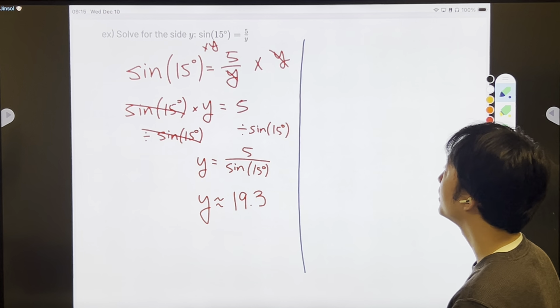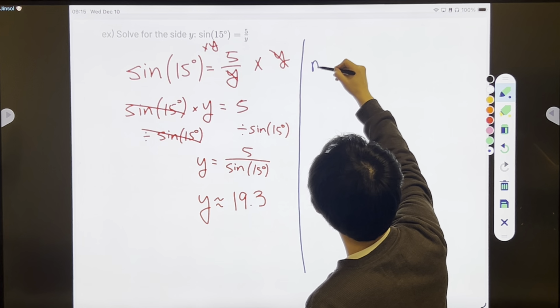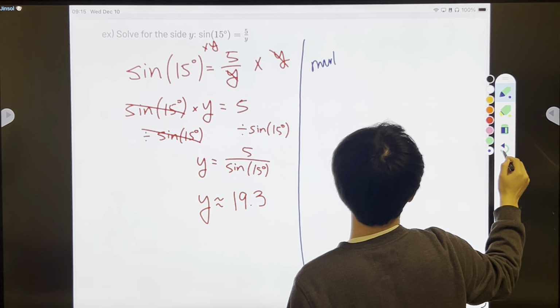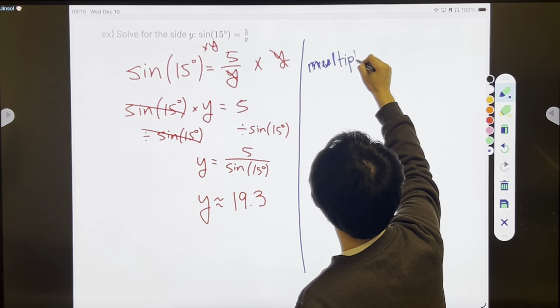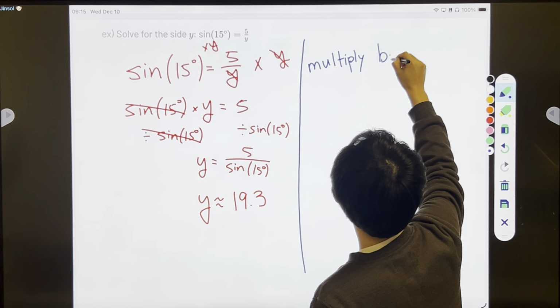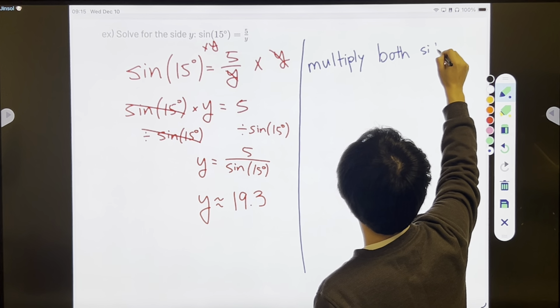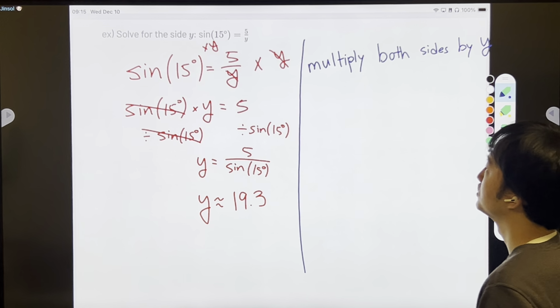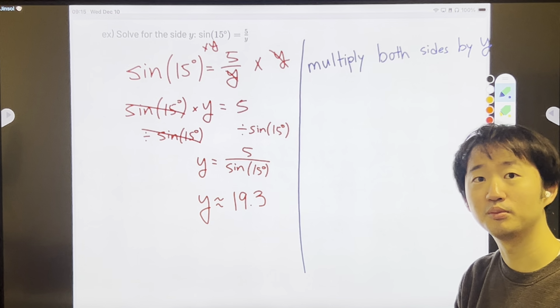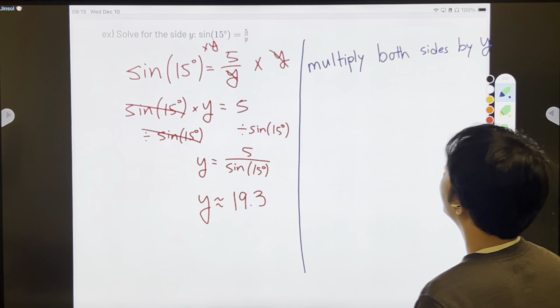Let's annotate our process here. First step was to multiply both sides by y in order to get rid of the variable in the denominator.